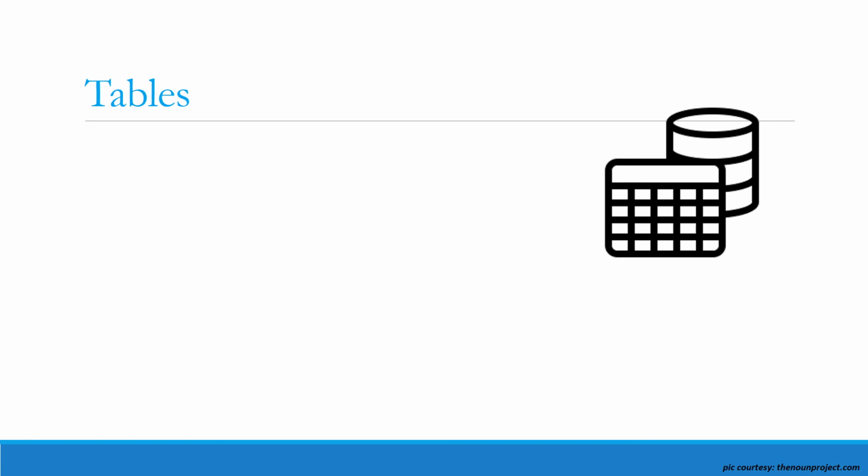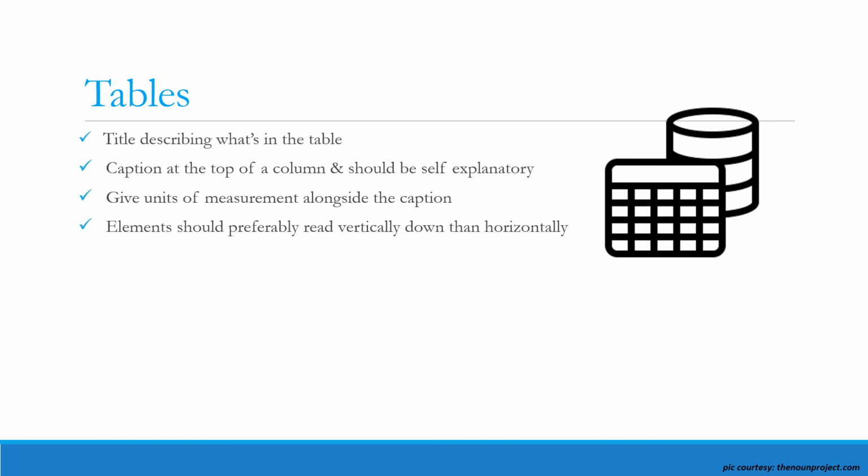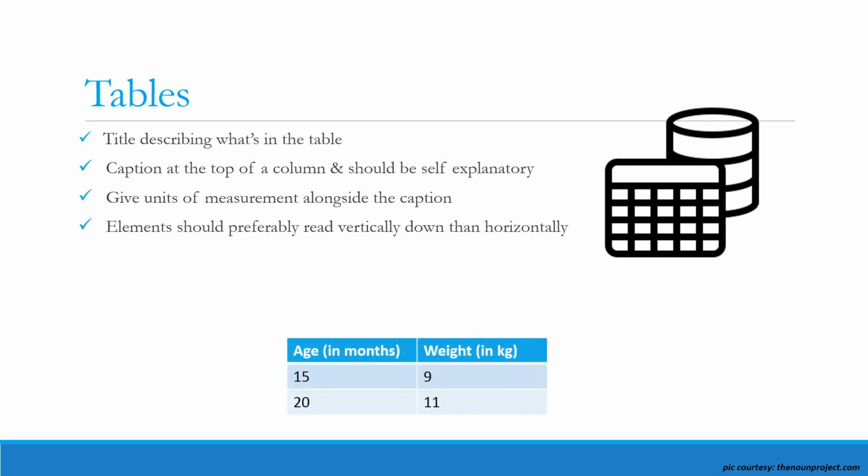Now, a table should include a title, what's in the table, a caption at the top of the column should be self-explanatory. Give units of measurement alongside the caption. For example, age has been recorded in months like 15 months and 20 months, and weight has been measured in kgs, for example 9 kgs and 11 kgs.